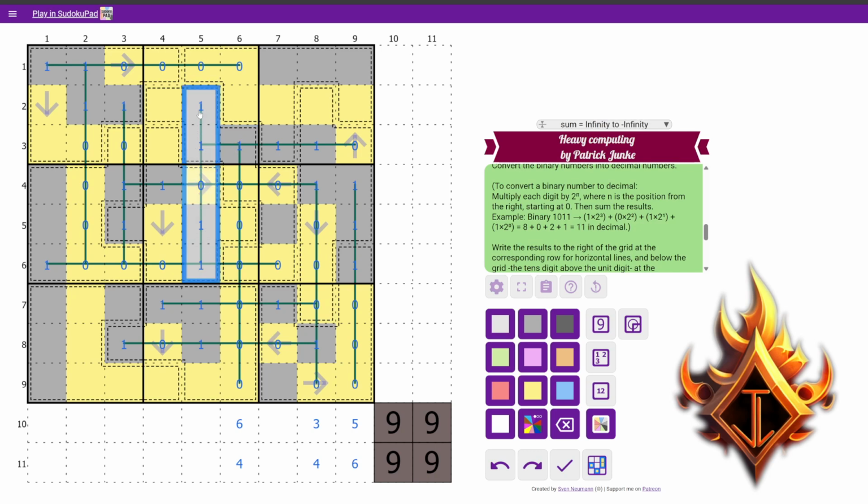This one goes here to here, that is 1, 2, that is 3 so far, 4, 8, 16, 24 plus 3 is 27. 1, 2, 4, 8, 16, 24 plus 3. This one is here. It's 1, 2, 4, and 16, which is 22.